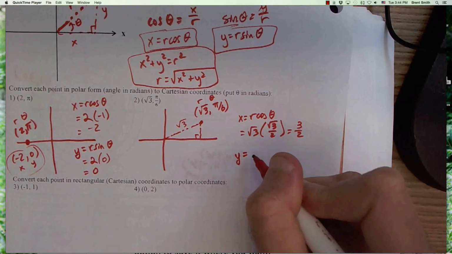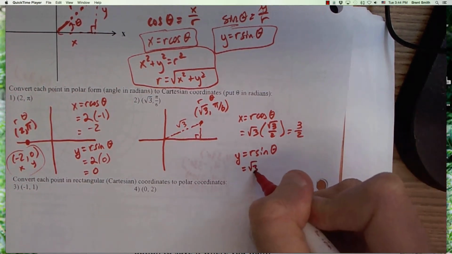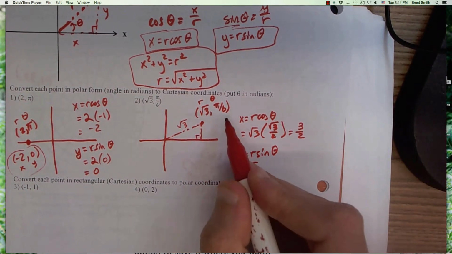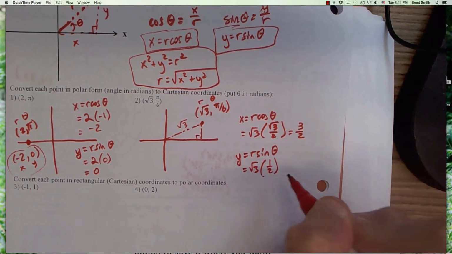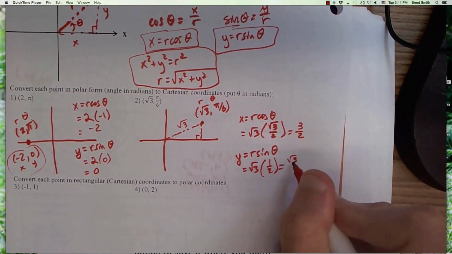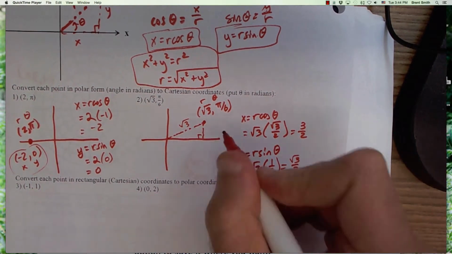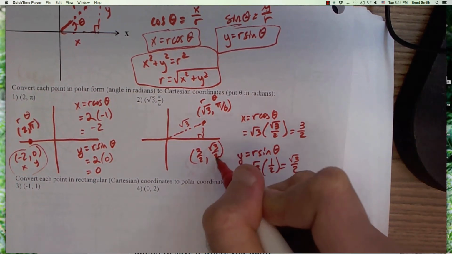And our y coordinate is r sine theta. So in other words, √3 times sine pi over 6, or sine 30 degrees, the smaller one, is 1/2. So we get √3 over 2. So our Cartesian coordinates at this point are (3 over 2, √3 over 2).